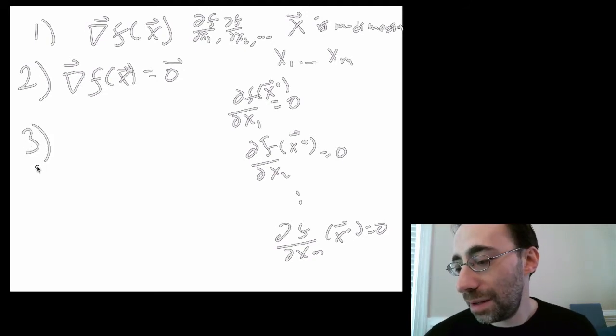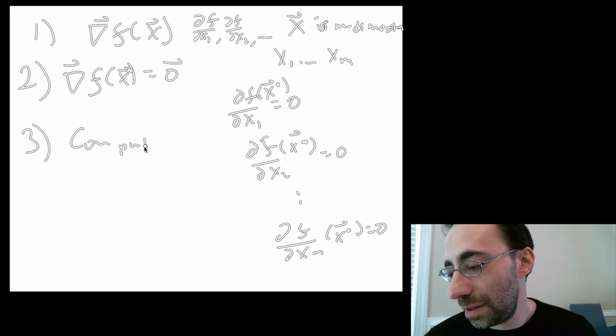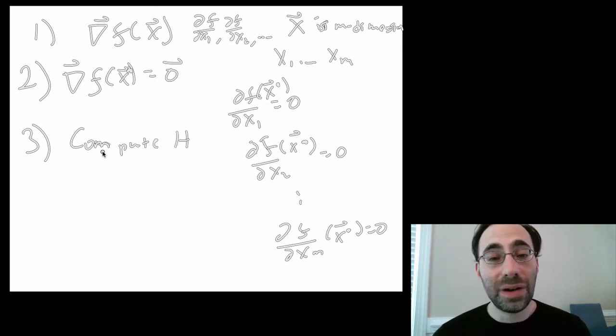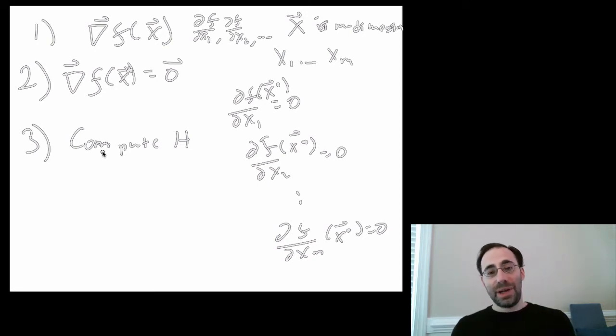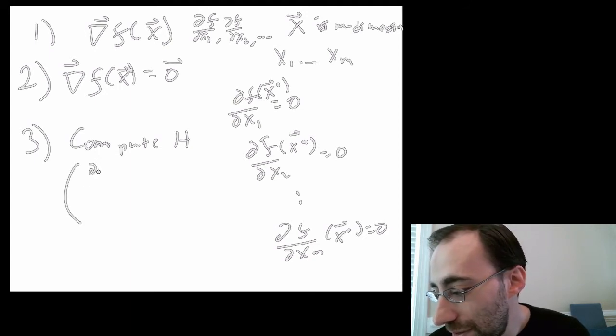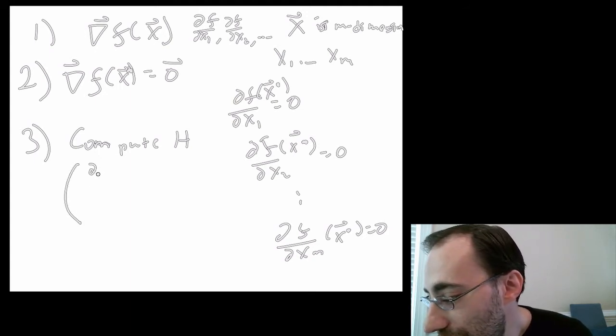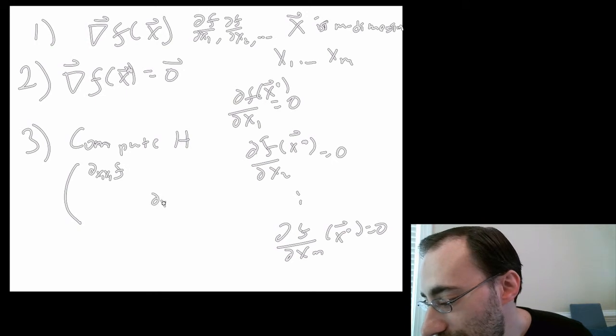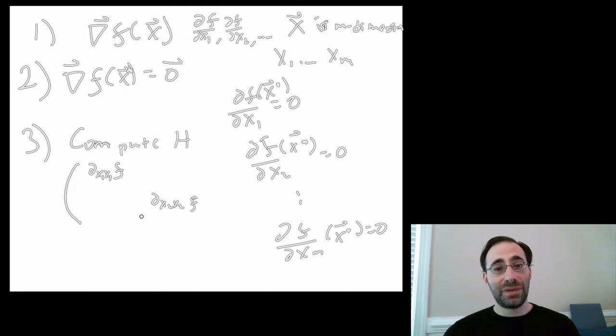Step 3, compute the Hessian matrix. Now, recall from the previous lecture, the Hessian matrix was the matrix of second derivatives. So I'll do it for 2 dimensions: d squared f dx1 squared, and over here is dx2 dx2, which means take the partial derivative with respect to x2 twice.